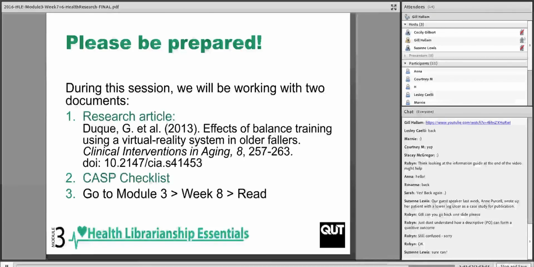So go to module 3, week 8, and under read, and we need you to have those materials with you for the class. So take time to try and read them in advance if you can, so that you're well positioned to understand what's going to be worked through during the session next week.